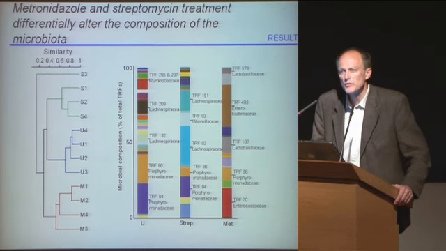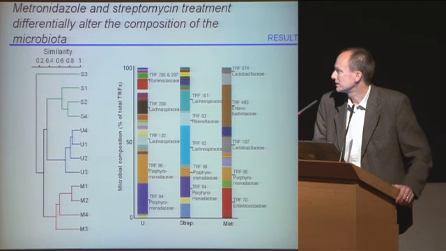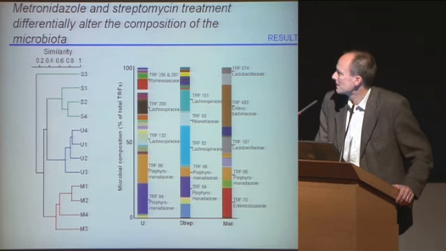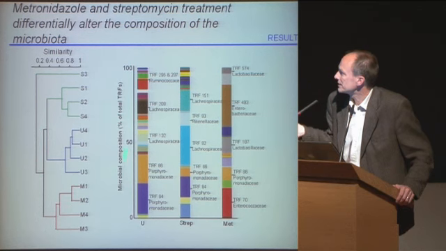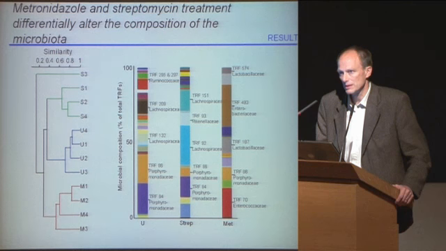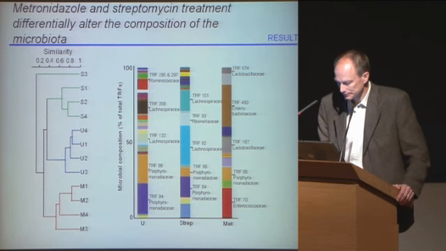And the changes are profound in the distribution of the microbiota. You can see the various characterizations here. I'm not going to go into details. Obviously, they cluster together depending on the metronidazole, the streptomycin, or the uninfected. And you can see the drastic changes occurring in the microbiota when you give these things.